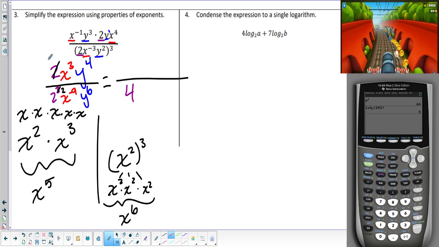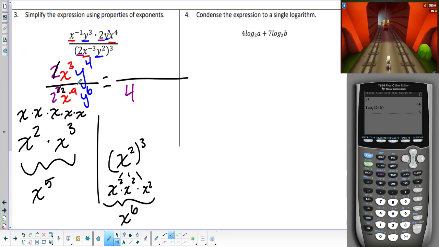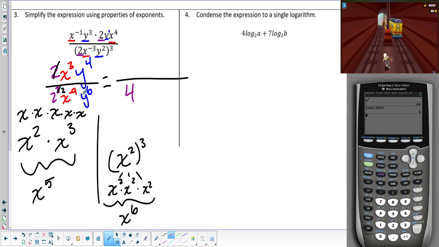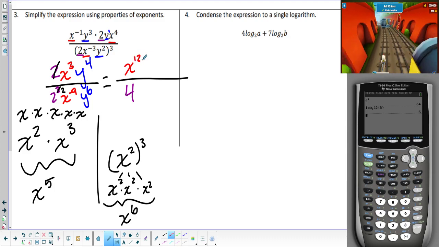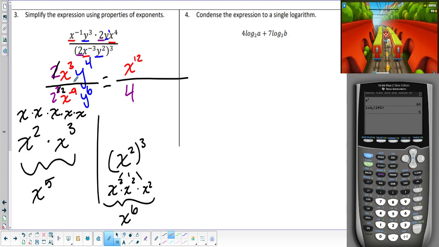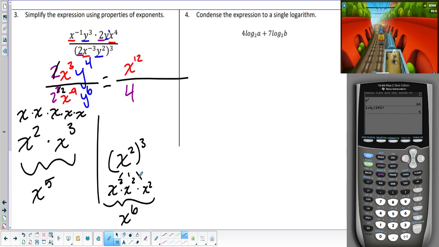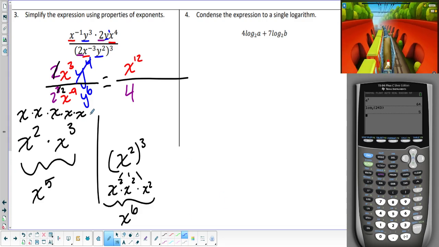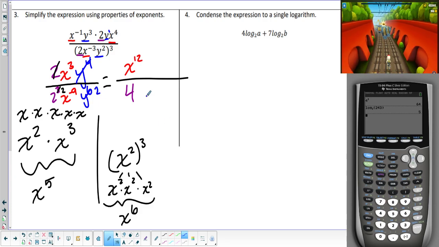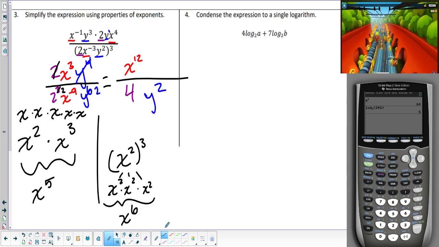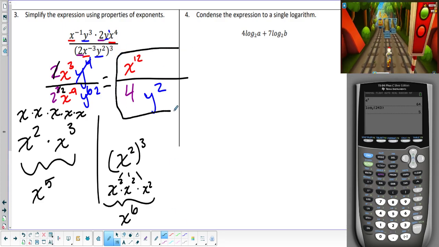When you divide like bases, you subtract, which means I'm going to take 3 minus -9, which is 3 plus 9. So on the top, I'm going to have x to the 12 because that's 3 plus 9. And then y to the 4th and y to the 6th, well, 4 of these are going to cancel with 4 of these on the bottom and leave us with just y squared. And that's as simple as we can go. All right. Boom, there we go.